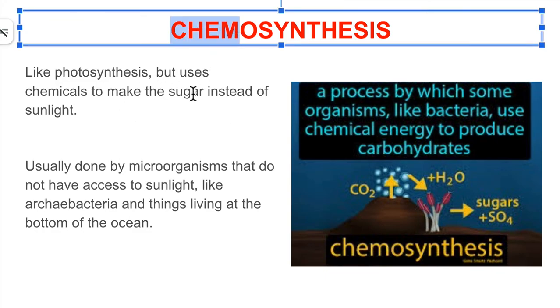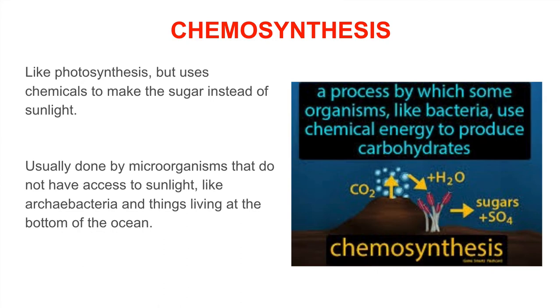And this happens a lot at the bottom of the ocean, and some called archaeobacter, or these extremophiles that live in really extreme environments. Well, they might not have access to that sunlight, but they still need to be able to make that glucose or that sugar. So it's done via chemosynthesis.